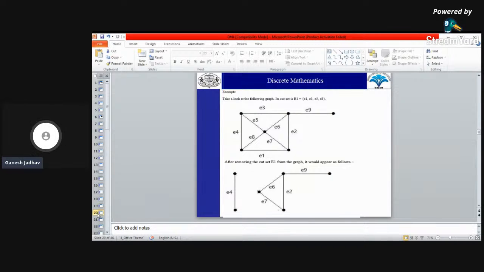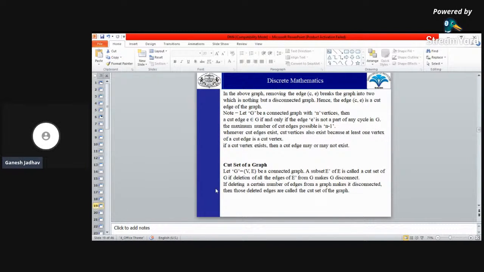Let G be a connected graph, and A be a subset of E. A is called a cut set of G if the deletion of all edges of A from G makes G disconnected. It means deleting edges from the graph. So this is the theoretical part. When we see an example, you can easily get what the cut set of the graph is.